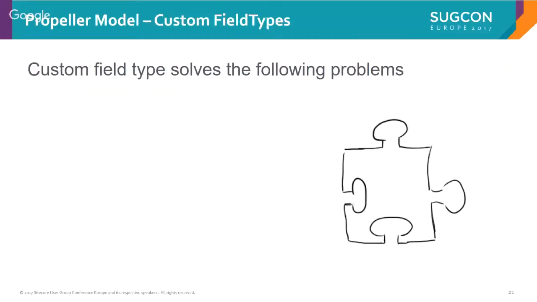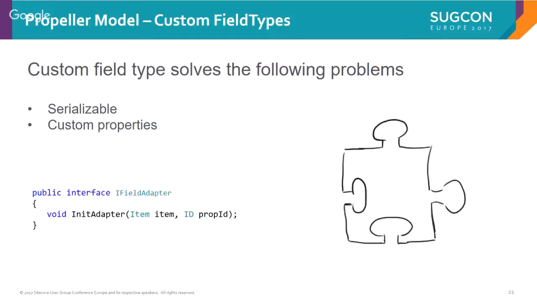And some of the problems that we overcome with that is, as I just said, make it serializable, and these custom properties. And the way we do it is that we actually only have to implement one method that sits on an iField adapter. That method has two input parameters.